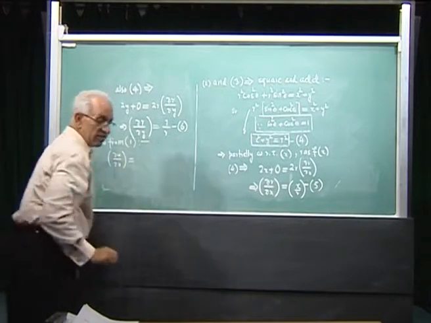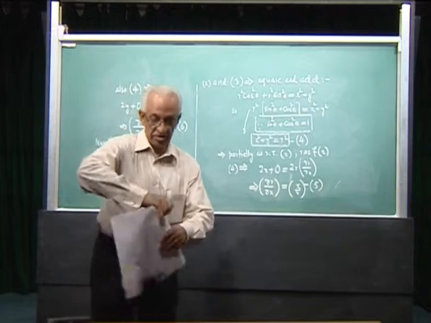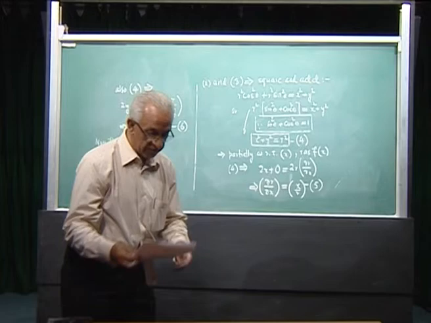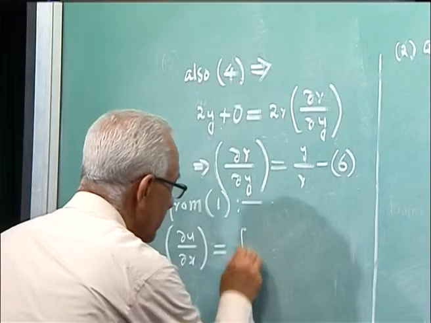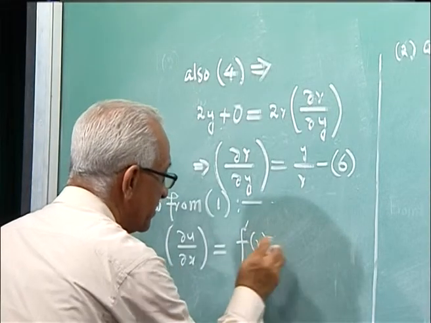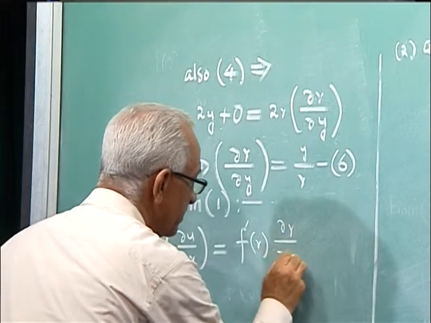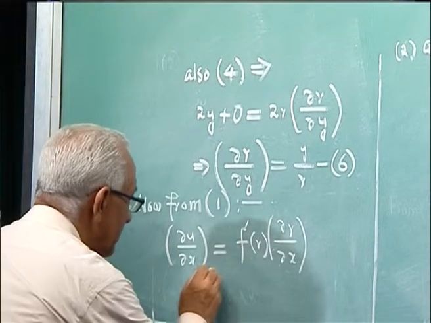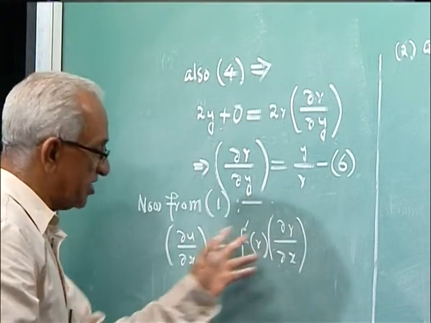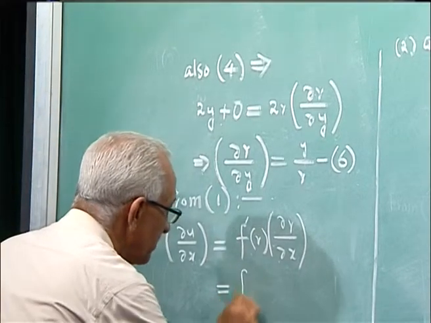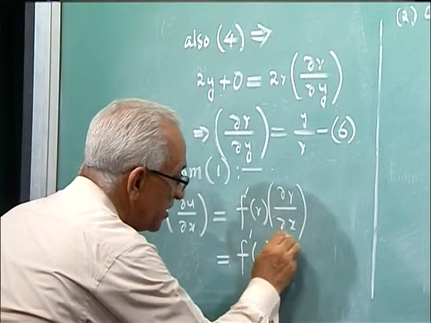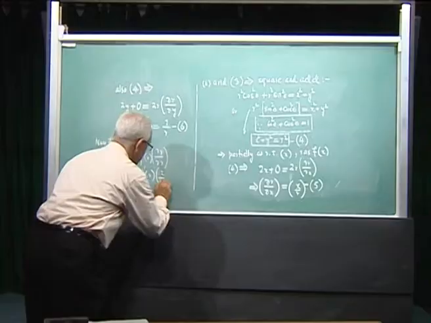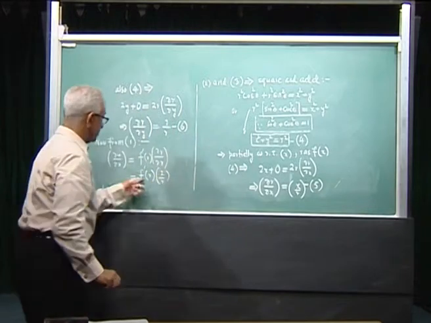Look into the given problem: u is a function of f(r), and so we will be having it as f dash r into dr/dx. This dr/dx is keeping y constant, but since there is no y here, we will be having f dash r. Look here, dr/dx is given by x upon r.